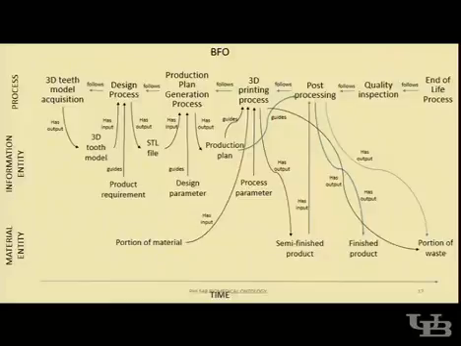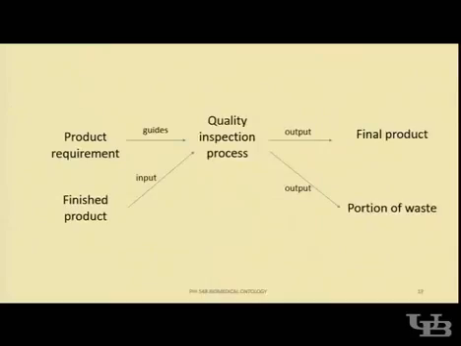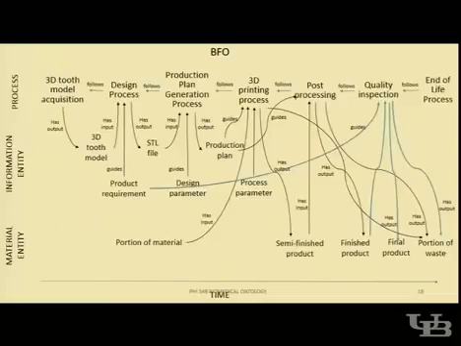So once we have the finished product, they need to go through the quality inspection process, where in this quality inspection process, they will refer back to the product requirements that will guide the quality inspection process, where the finished product will become the input. And finally, those final products, if they satisfy the quality aspects that we need, will become a final product, or else they will become the portion of waste.